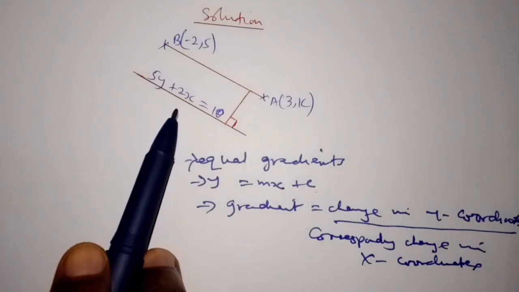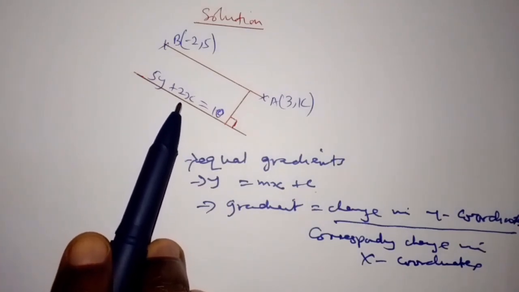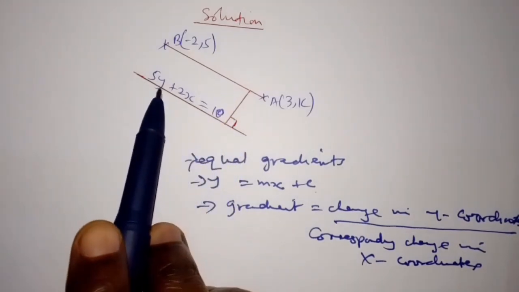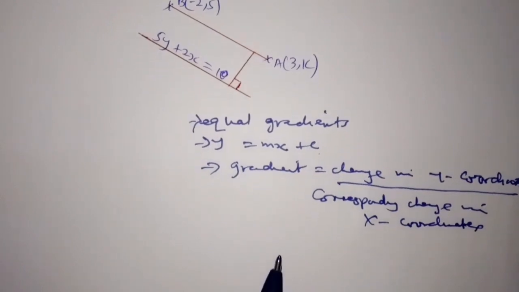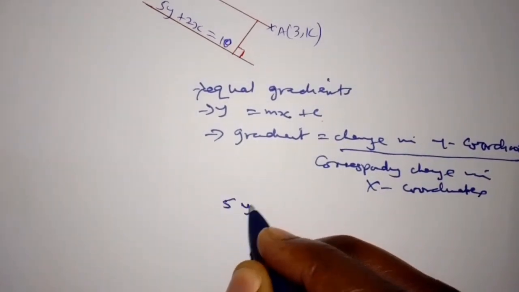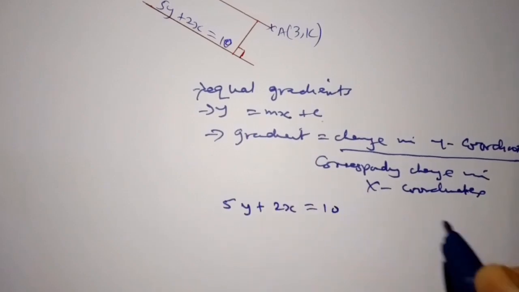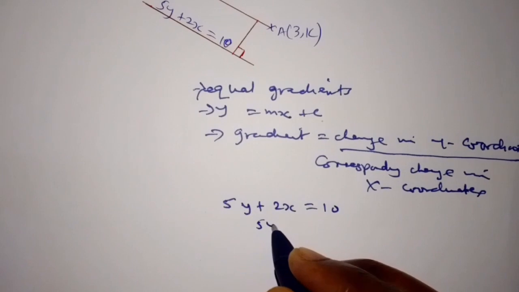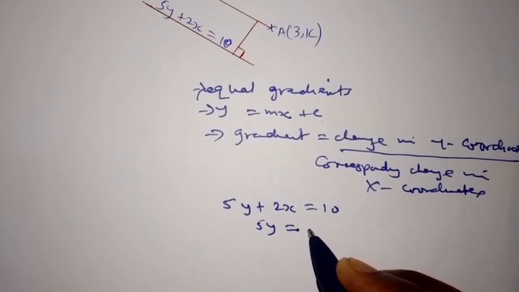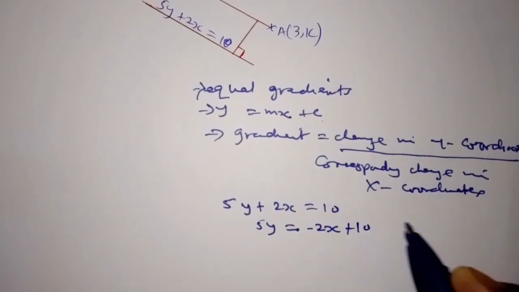Now we can solve the equation of this line here. This line is parallel to this line. So we can say that 5y plus 2x is equal to 10, so 5y is equal to -2x plus 10.